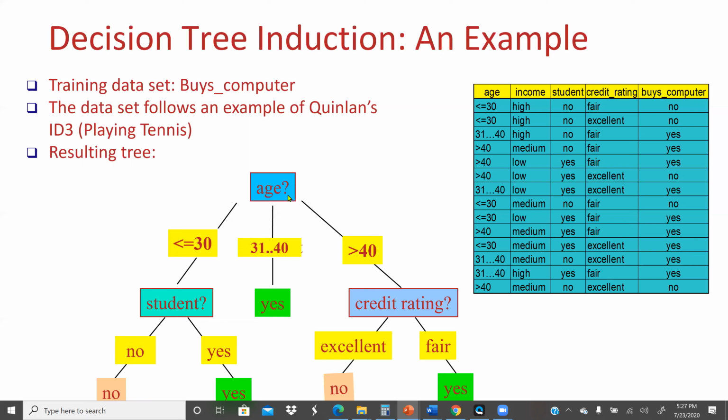If age is between 31 and 40, we're 100% sure you buy the computer. Now, if you are older than 40, then it will depend on your credit rating. If your credit rating is excellent, then you don't buy the computer. If your credit rating is fair, then maybe you buy the computer.